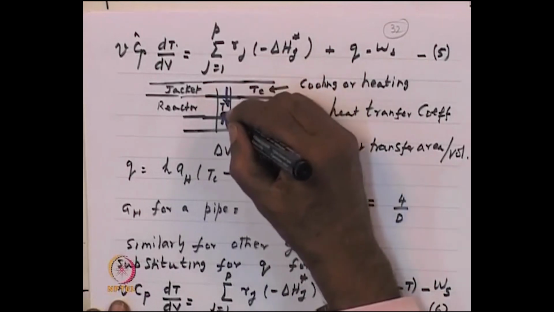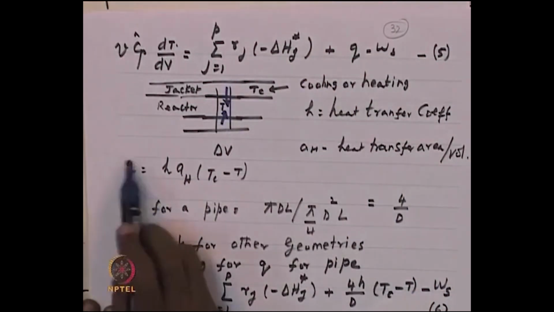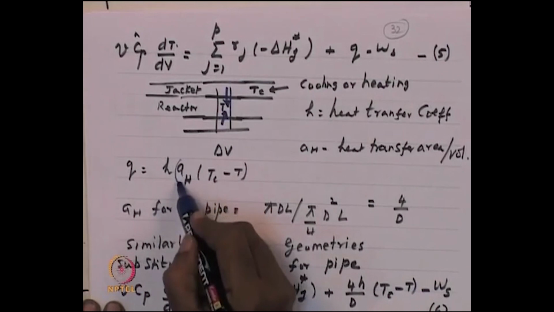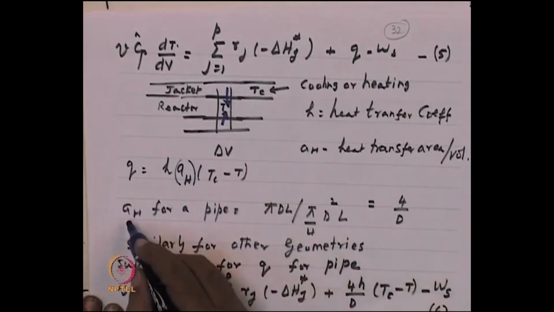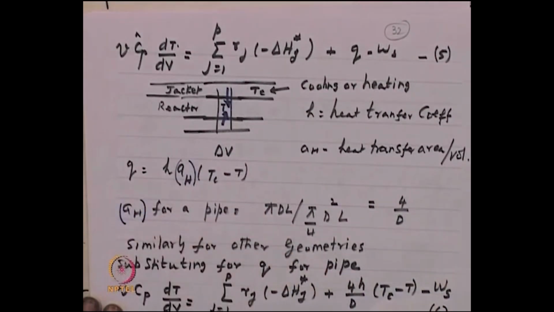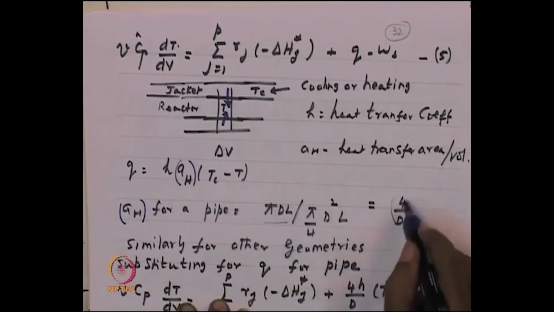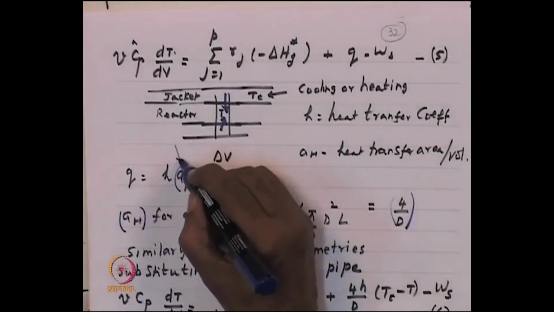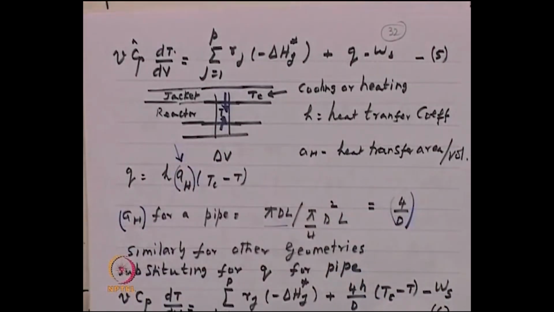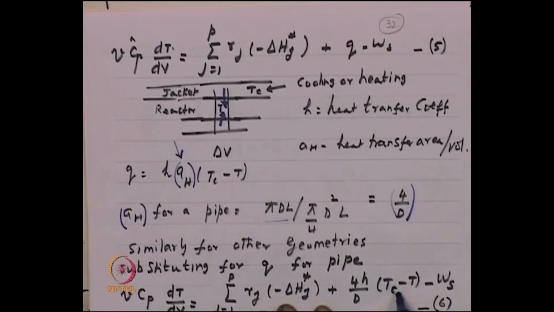This heat per unit volume I have written where A h is the heat transfer surface per unit volume. What is A h? It is heat transfer surface per unit volume. For a pipe, what is it equal to? Surface area divided by volume of the pipe, which is 4 by d. Or in other words, this A h for a pipe is 4 by d. Therefore, small q for a pipe is actually 4 h by d times T c minus T.